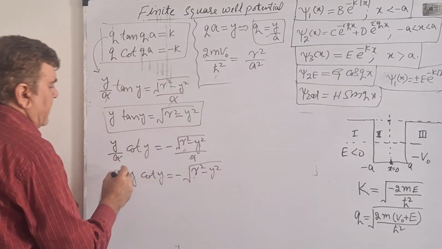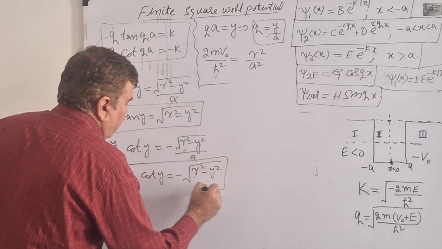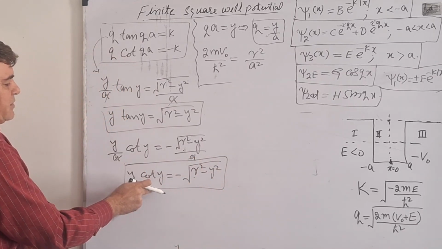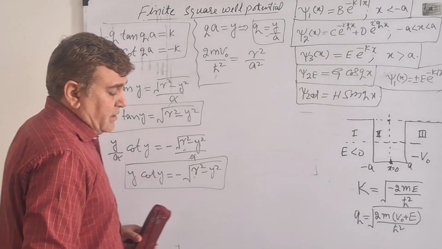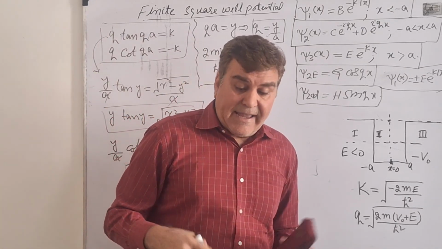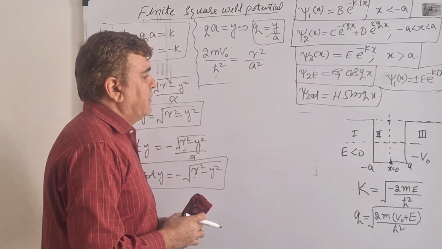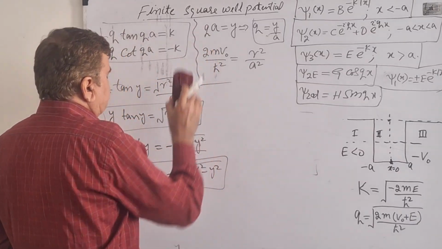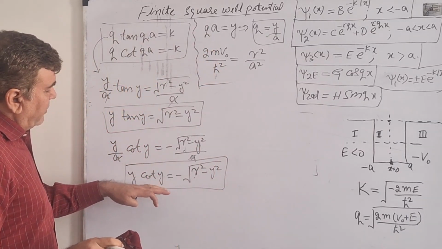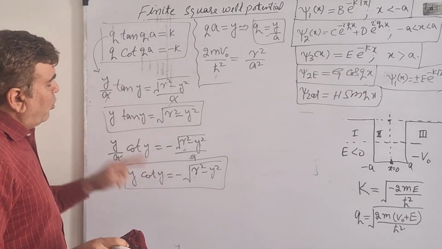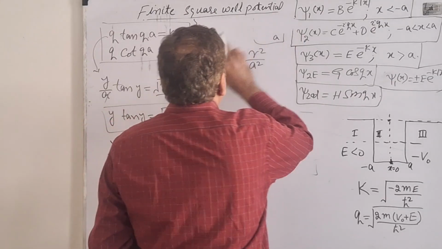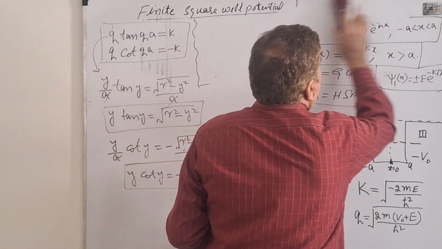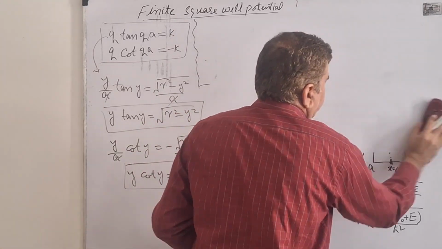This is the equation for the odd function that describes the behavior of the eigenspectrum of those wave functions. So now I just want to plot these two equations and see what happens. What are the eigenspectrums for the two wave functions?